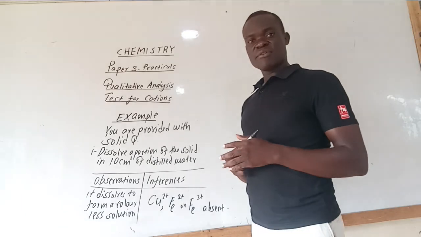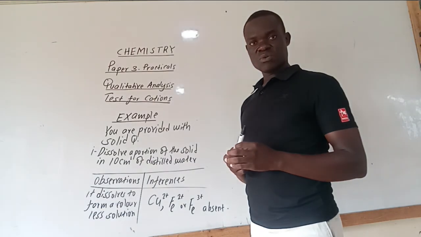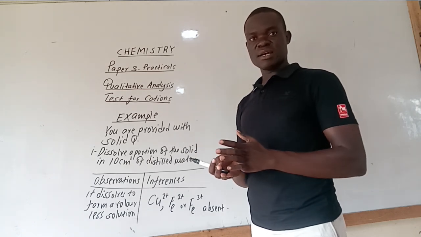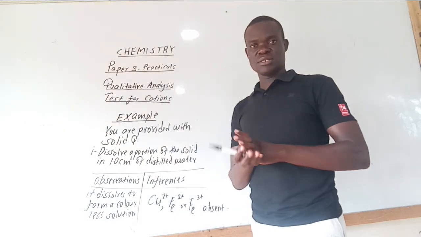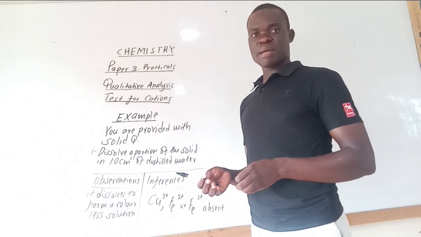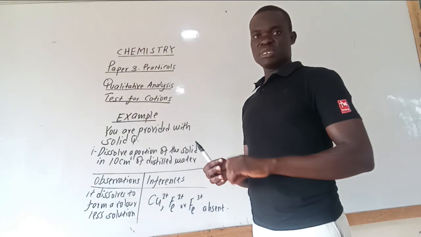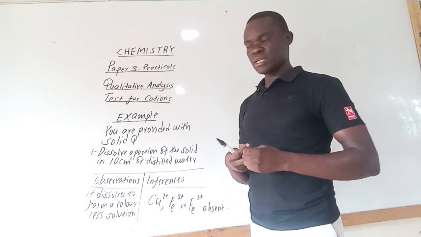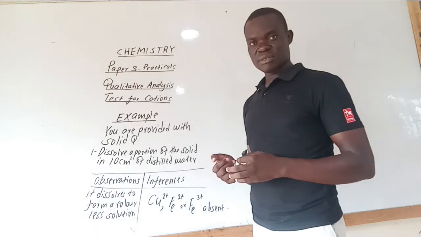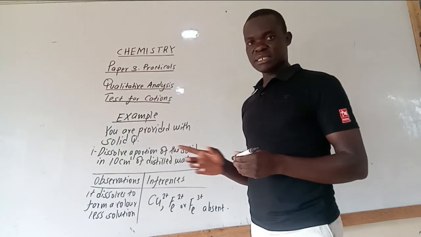So we measure 10 cubic centimeters of distilled water, then take a portion of the solid provided. We can measure it using a spatula and put it in the 10 cubic centimeters of distilled water. After that, we shake until it dissolves. So we expect this solid to dissolve.